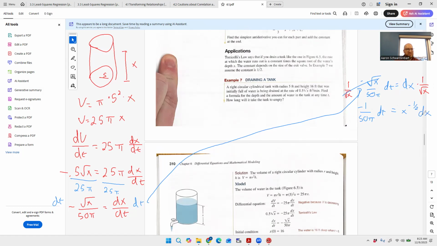I'm just changing that to make it easier to integrate. I will integrate both sides. I put the plus C here, so I don't need it there.